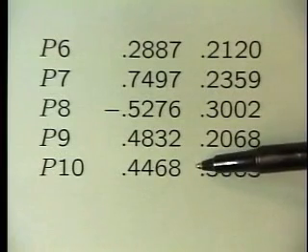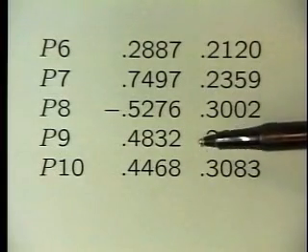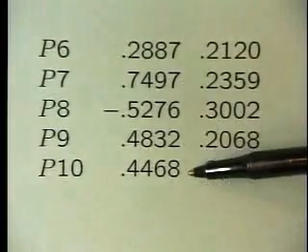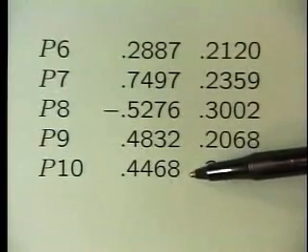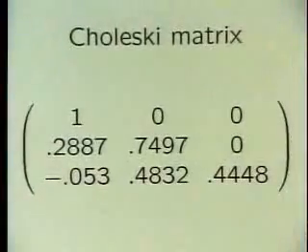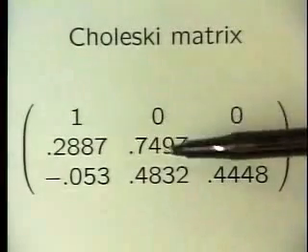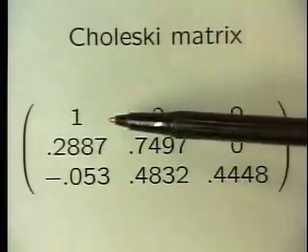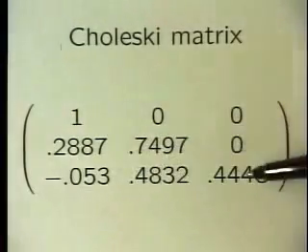What this translates into is a Cholesky matrix that has these as its lower triangular elements. This is the Cholesky matrix that is implied by the coefficients. This is the fifth parameter estimate, 6th, 7th, 8th, 9th. I'm sorry, 6th, 7th, 8th, 9th, 10th.